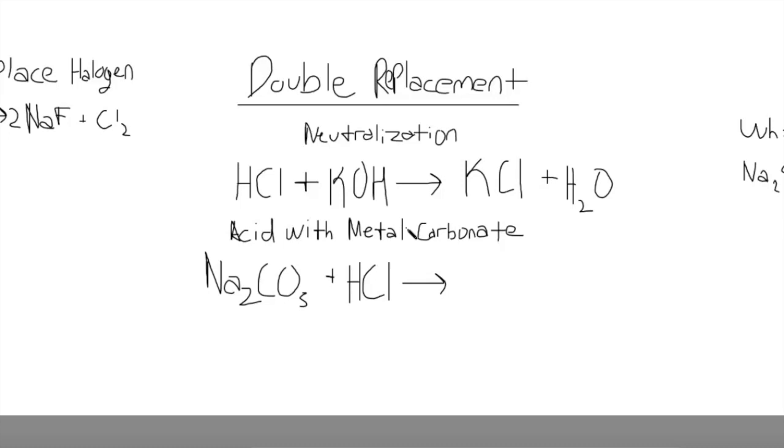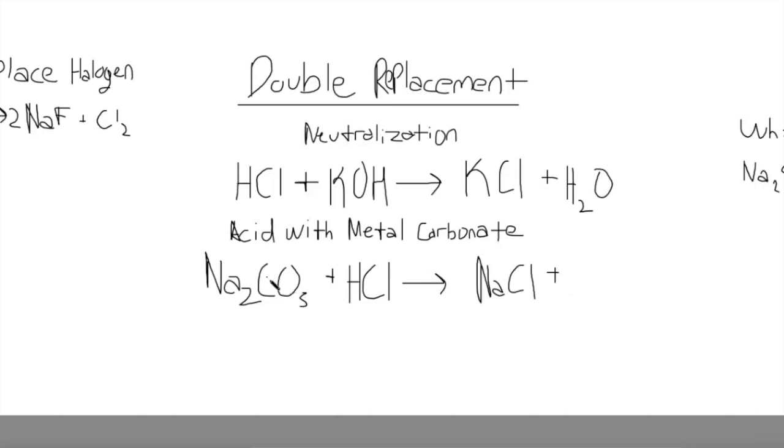Now to do our acid with a metal carbonate, we have an acid and a carbonate, which will in turn produce water, a salt, and carbon dioxide. So just to see that kind of play out, we have Na and Cl. We know that'll be NaCl. So there's our salt plus carbon dioxide and water. And that makes sense, right?